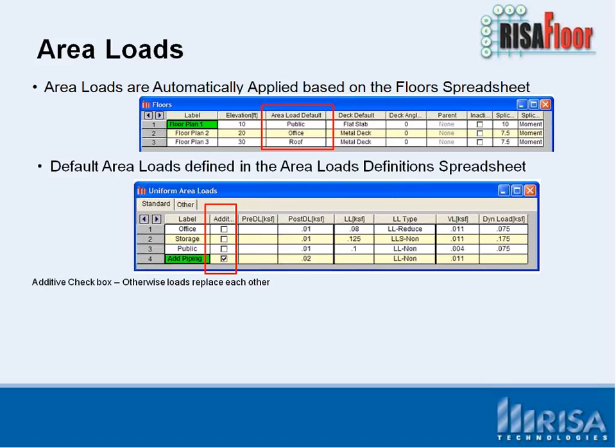Now, if you want them to add to each other, and very typically a piping load is additive to another area, you would check this checkbox. You can see piping is checked on there, and that means one load will add to the other. Otherwise, just so you note, whatever is the last loading on there is the load that actually gets applied.